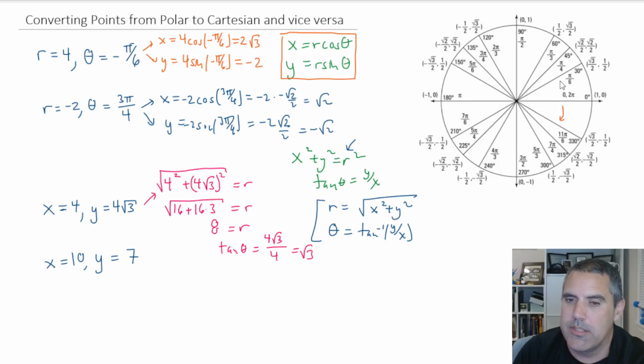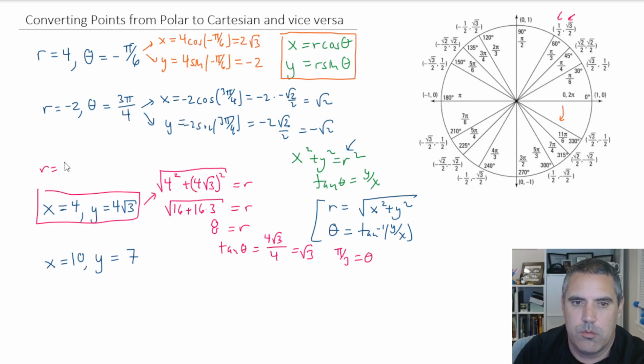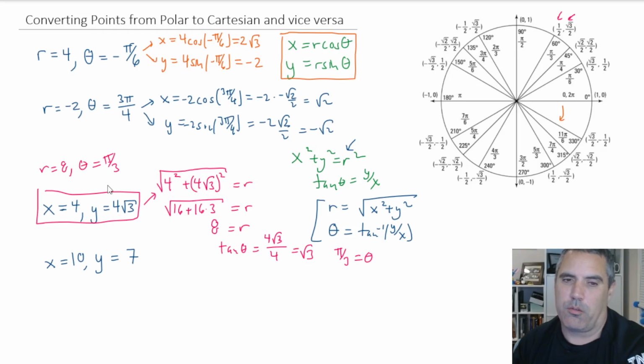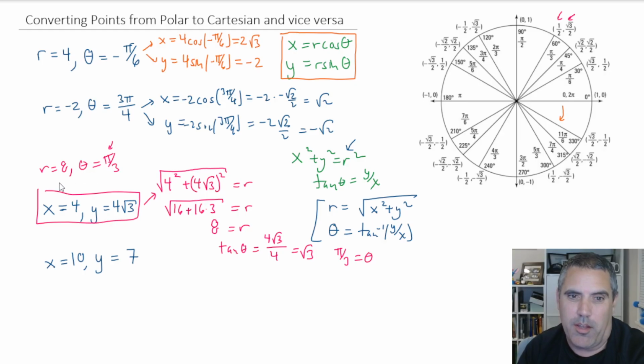But we want to know when sine over cosine is root 3, which is when this over this is root 3, which is right there. So this is pi over 3. So there we go. You can say this is the same as saying r equals 8 and theta is pi over 3. And there are many other correct answers. I mean, you could add 2 pi to this and it'd be correct. You could add pi and then make the r negative. That's correct. Watch my intro video on that.